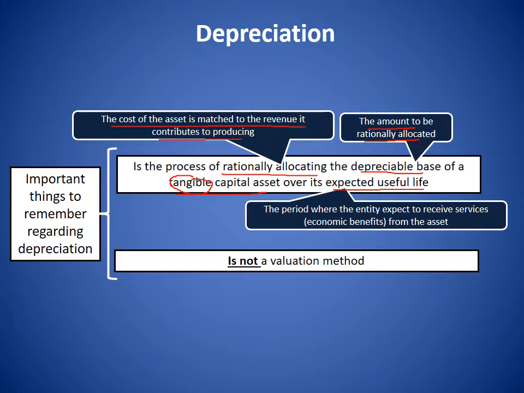Also, we say over its expected useful life, and this is where we have to be a little careful too. That is the period where the entity expects to receive services, in effect, economic benefits from that asset. Do not confuse expected economic useful life with the life of an asset.